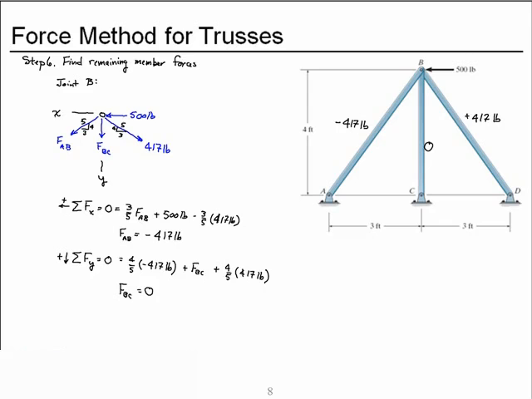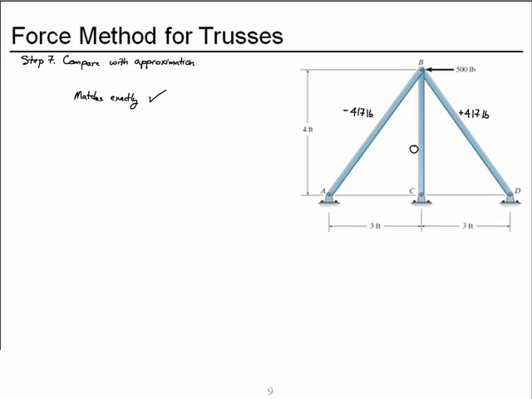We then applied equilibrium using method of joints at joint B. In order to find the other two member forces, we summarized those on the sketch of the truss, compared them with our approximation, and in this case they matched exactly. So we're reasonably sure that we have a reliable prediction of what the internal forces would be for this indeterminate truss due to the lateral load of 500 pounds. Great job!